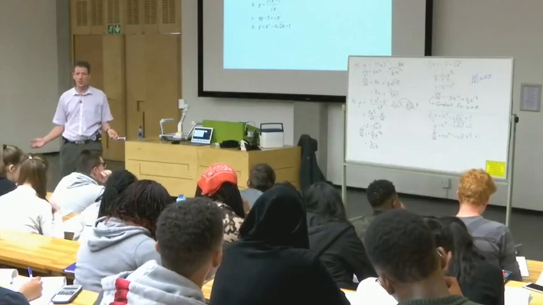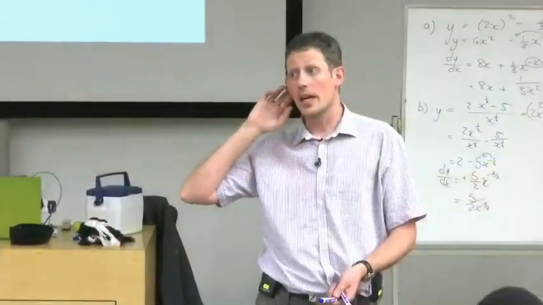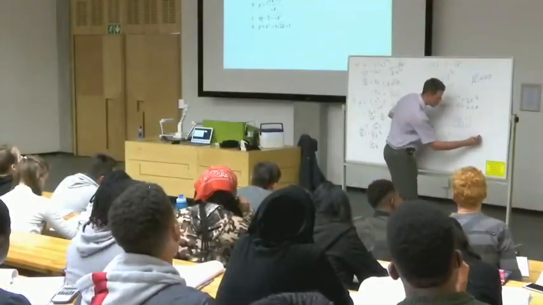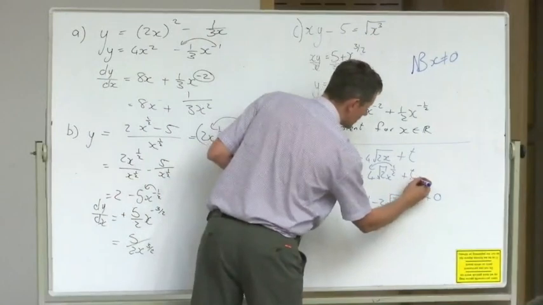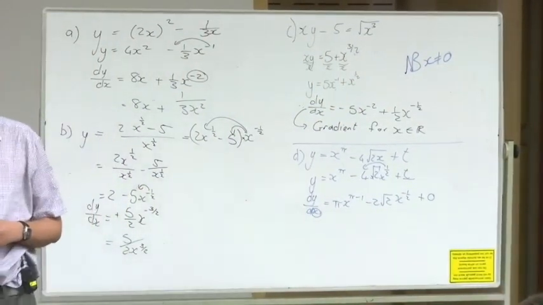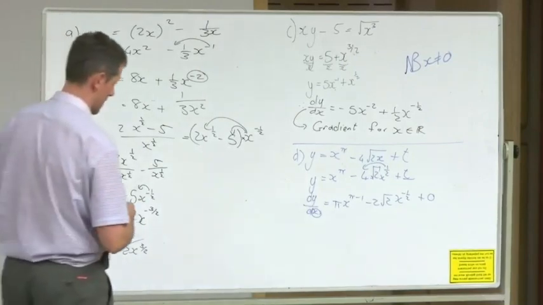That plus 1 shouldn't be there, it should be plus 0. Why is it plus 0? Because I'm differentiating towards x. So t is a constant value, as long as we assume there's only 2 variables, x and y.